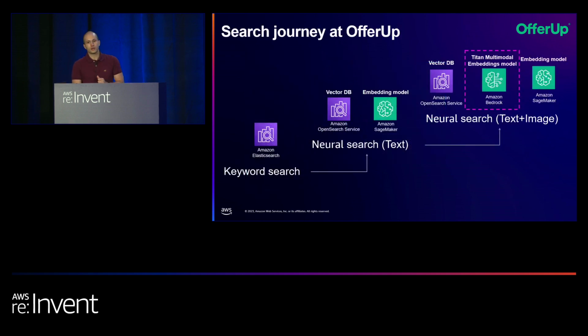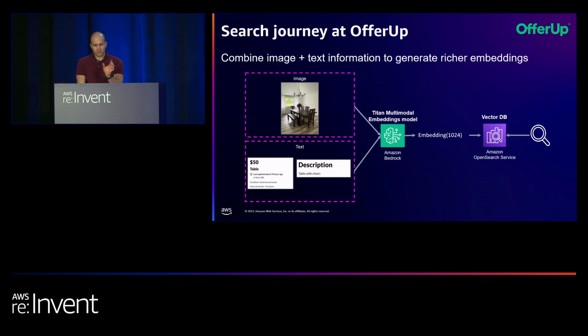For this, we are using the Amazon Titan multimodal model, and we integrate this new component in our journey. We take the image alongside the title and description, pass it through the Titan multimodal embedding, and then we index the vector database with this information, which enables us to search with these new components.